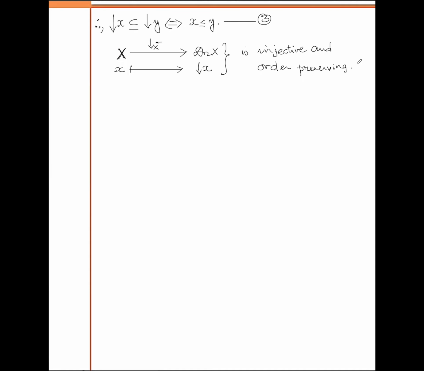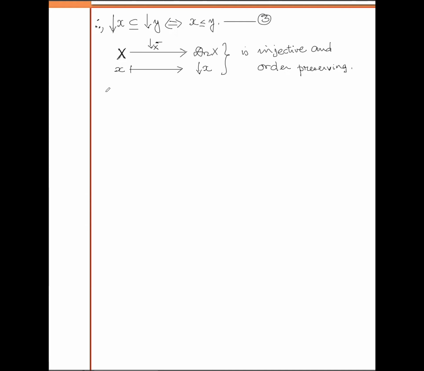But this one has another nicety. So what is it? So I'll give an indication of this proof. We have already shown that this is injective and order preserving.